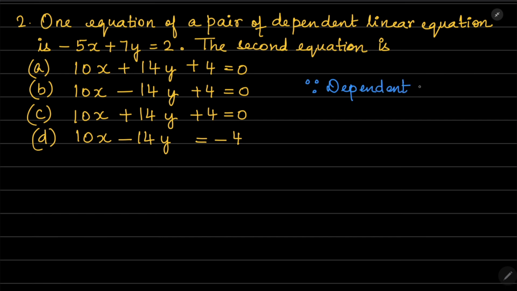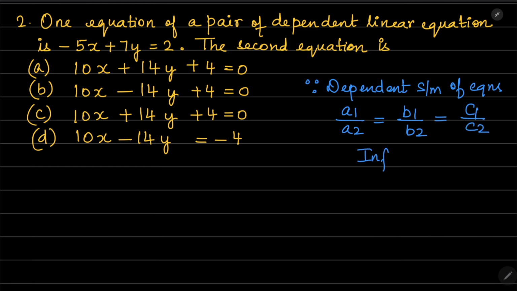Whenever you have a dependent system of equations or lines, a1 by a2 is equal to b1 by b2, and that is also equal to c1 by c2. It has infinitely many solutions.